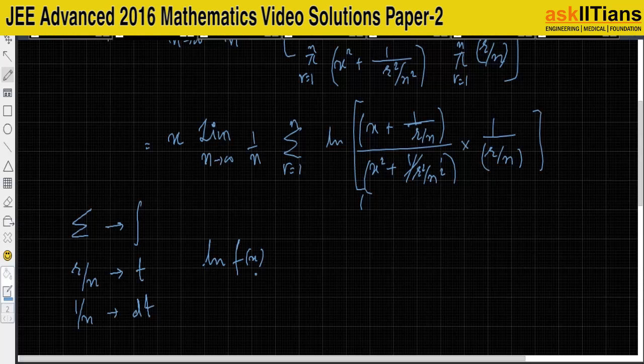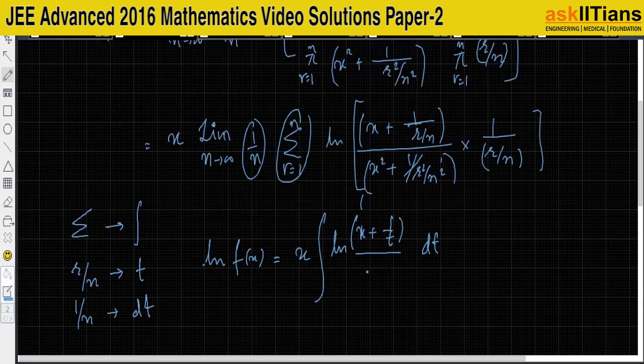So ln of x, which was the left hand side, will be equal to x times the integral of ln of x plus 1 by t divided by x square plus 1 by t square, multiplied by 1 by t dt. This entire thing is inside ln.